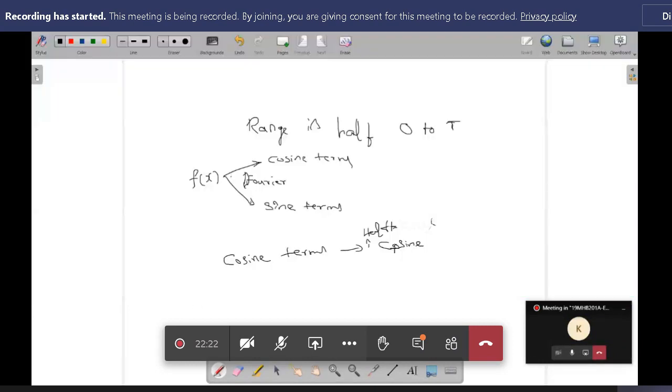If you wish to extend a function that contains only sine terms, that is a Fourier series containing only sine terms, it is called the half range sine series.